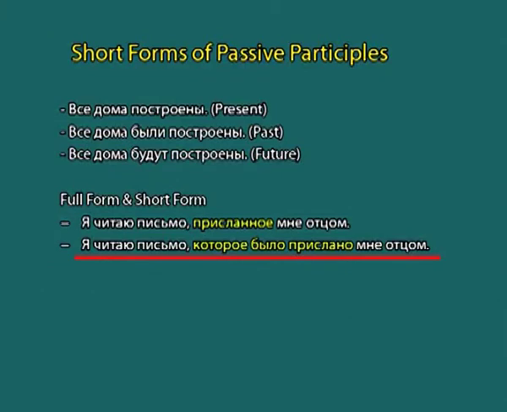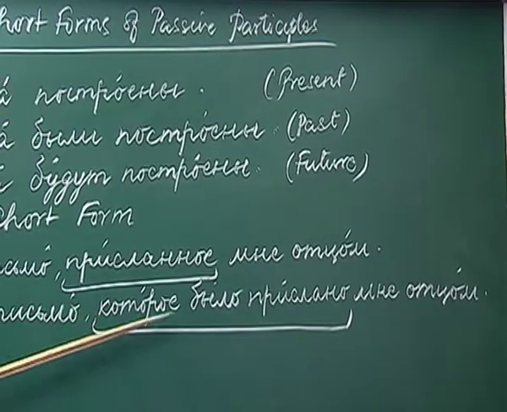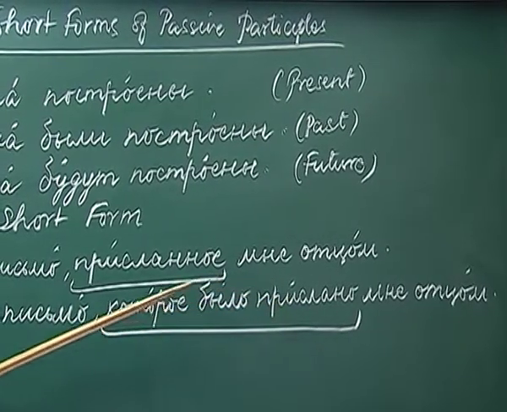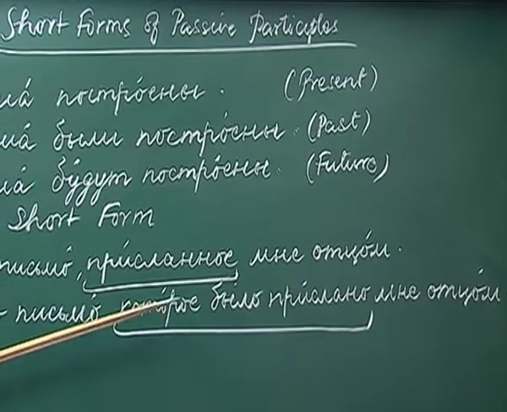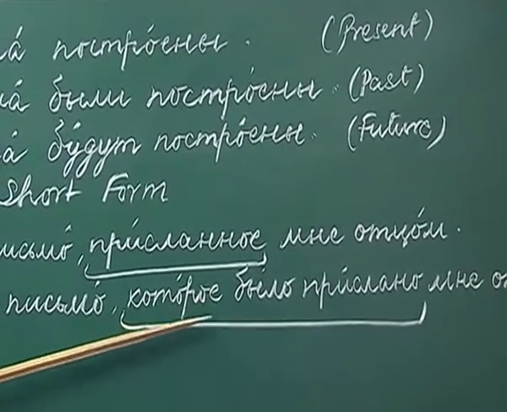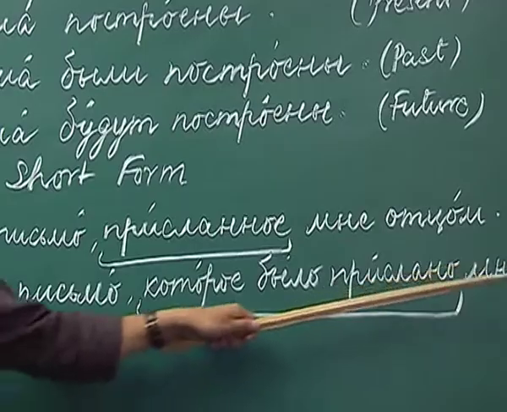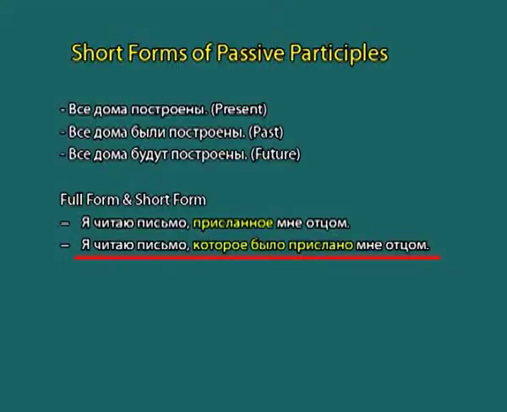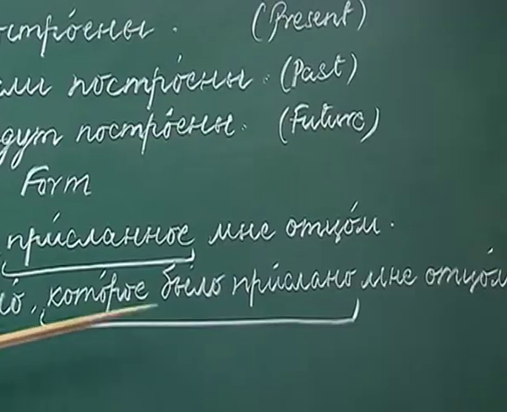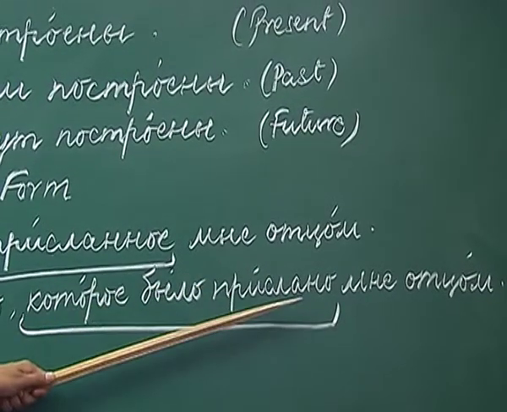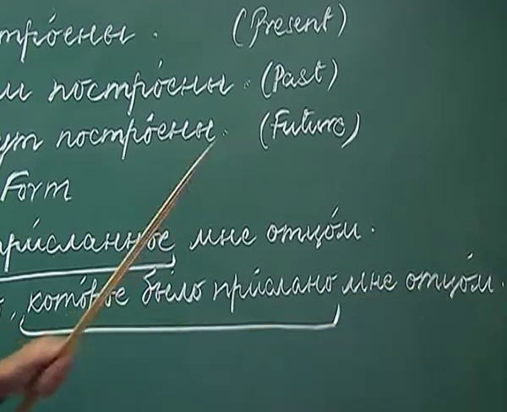So, now if you have to replace the full form with the short form, how do you do that? Ya chitayu pismo katore bila prislanna munya atsom. So, here as you can see we are using the short form along with the word katore in the appropriate form, and the rest of the things remain the same. Which was sent to me by my father.